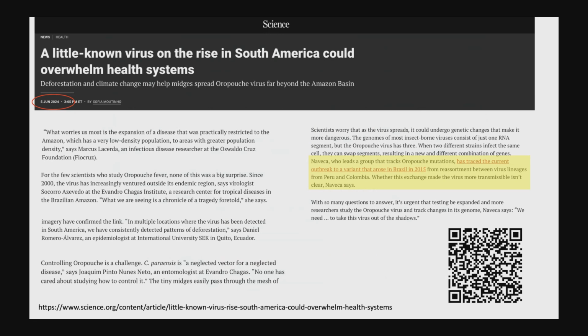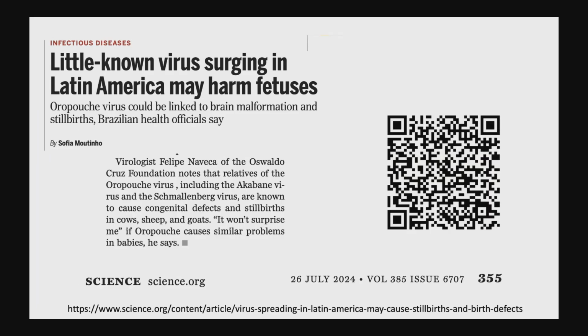And we are glad that this virus is not so neglected anymore. We have some reports calling attention for this virus, like this one that was published in Science in June. And there is another one that was also published in Science in July, when the first infections in fetus were suspected, and then now we have those confirmed, and we have another virus to be studying in the next years.